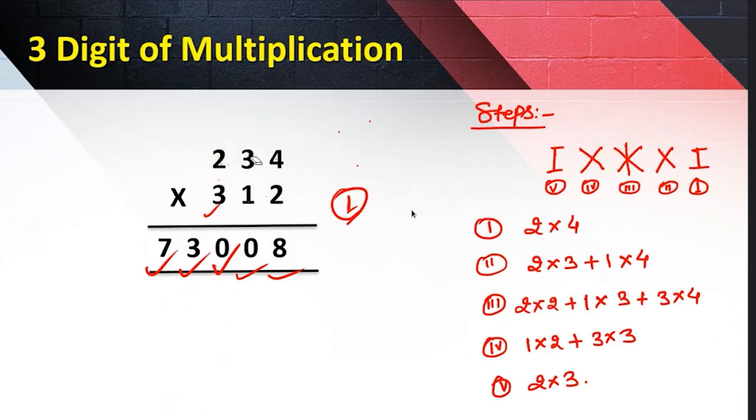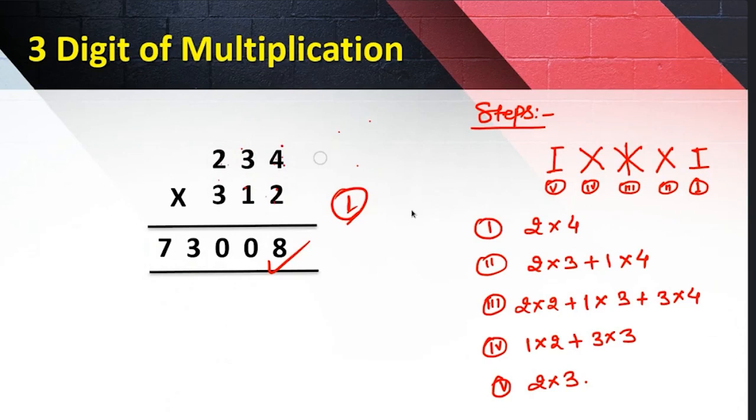Now look at this explanation again. I'm telling you again. You are going to multiply this number from this place to this place, from here to here. Similarly, you are going to multiply this number with the previous number. Now look at this. 2 with 4 is 8. Now this number will go here and this number will start from here.